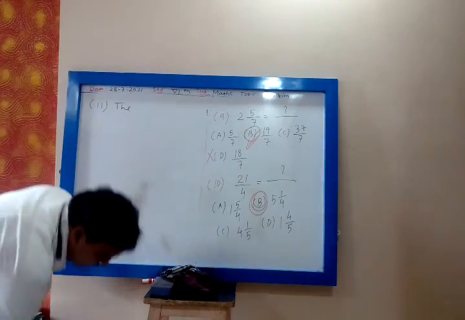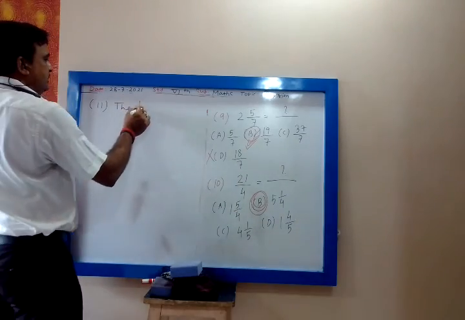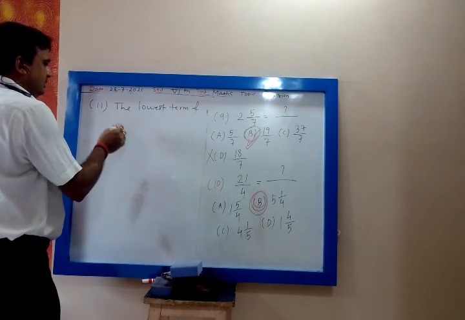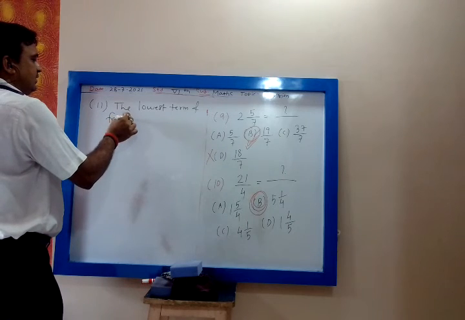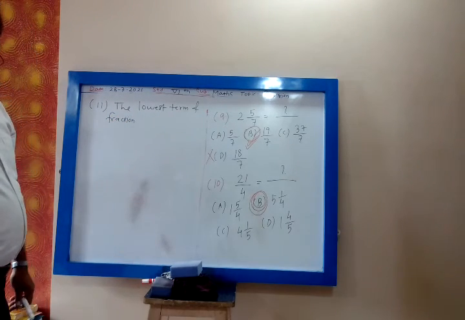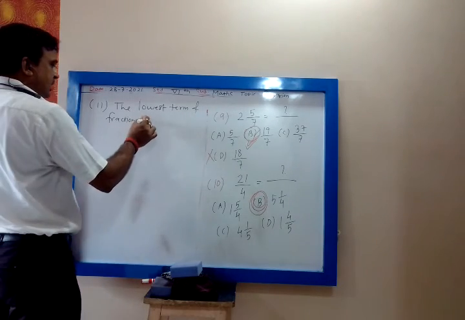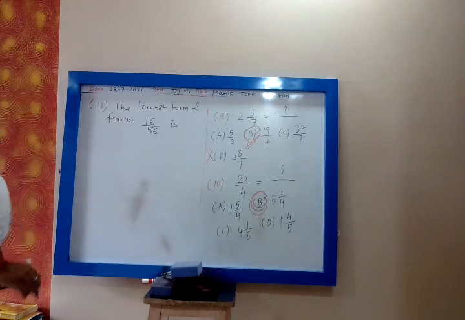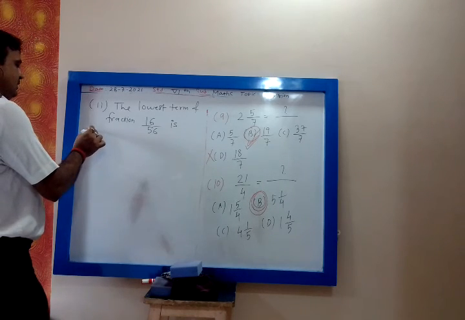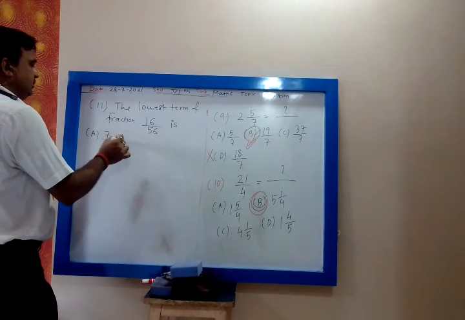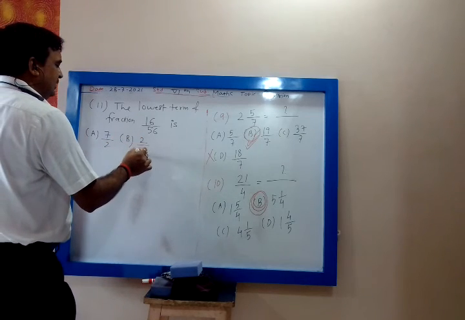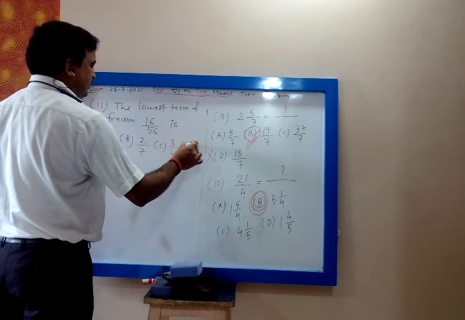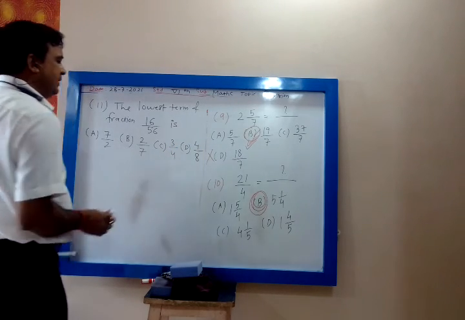The lowest term of the fraction, 16 by 56 is A 7 by 2, B 2 by 7, C 3 by 4, D 4 by 8.